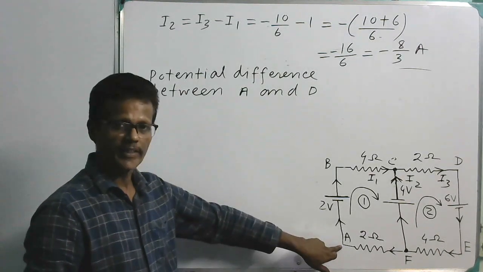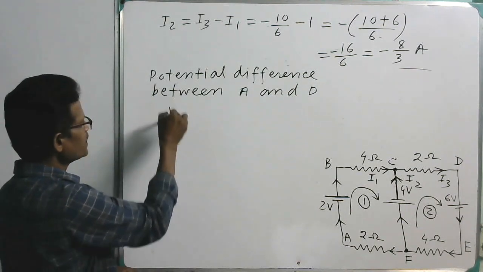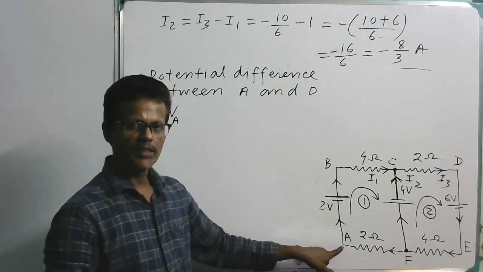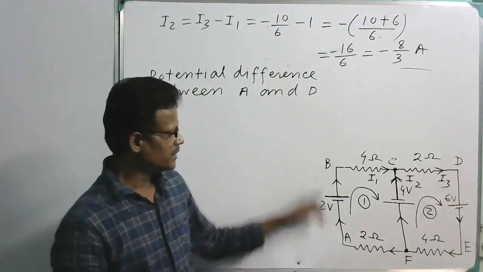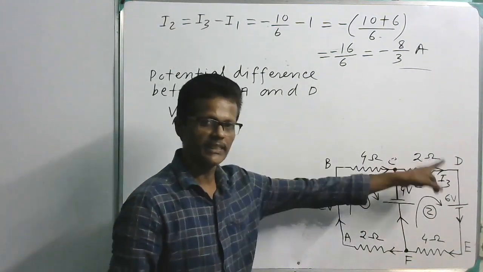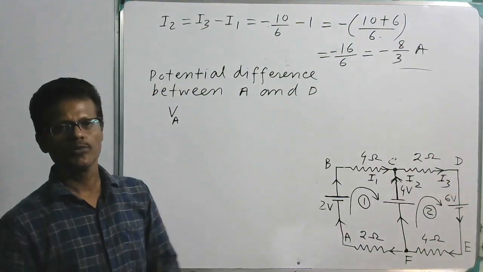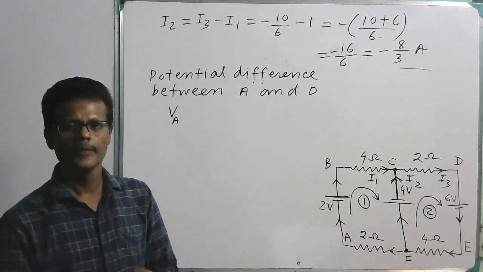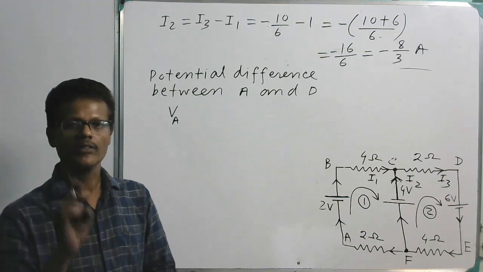This is the point A. So potential at that point, say VA. Now you can proceed from A to D through any path, this way, or through A, F, C, D, or through A, F, E, D. You can proceed through any path because potential difference is independent of the path, as the electrostatic field is conservative.